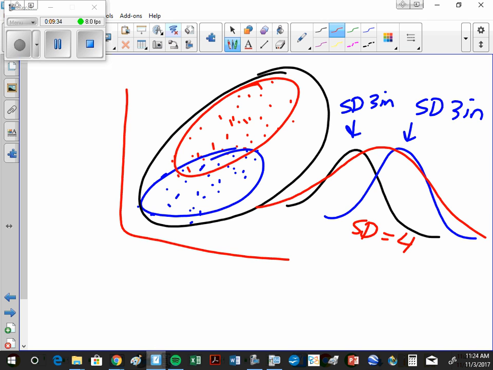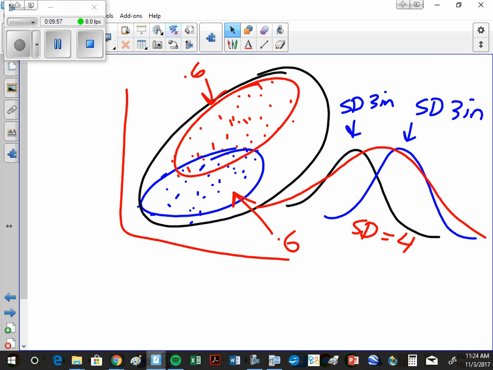Same thing happens in this, except we're comparing 2 variables instead of 1. So this has an R value of 0.6, and this has an R value of 0.6, but taken together, we get an R value that's lower because they're more spread out. 0.5 maybe, yeah, that might be it.